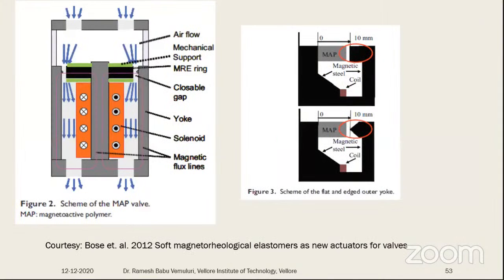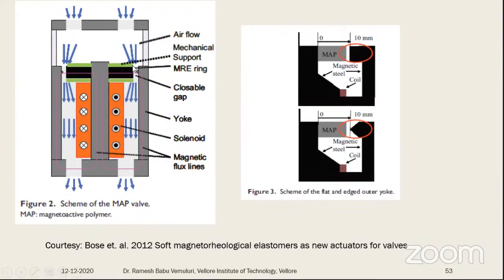Then this is the soft magnetorheological elastomer as a new actuator. Here we can actuate these MRE by applying airflow. This is the airflow and this is the mechanical support. This is the MRE ring and this is the closable gap. These are the loops. These are the solenoid valves.